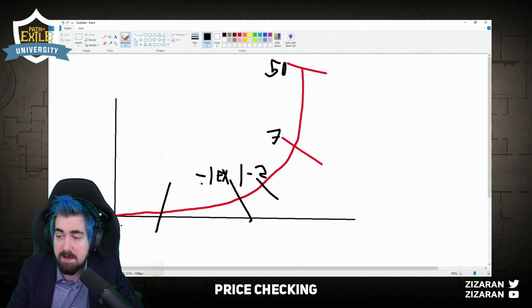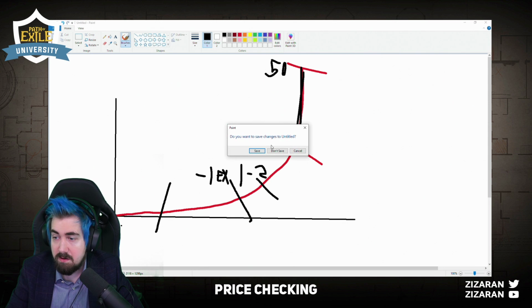This is a pretty good indication, because there really are several items where you're not getting a crazy bang for your buck, and you see the difference in price is insane.